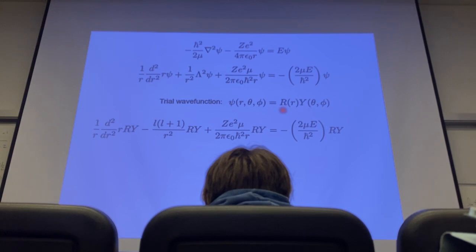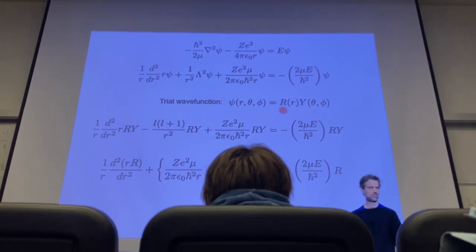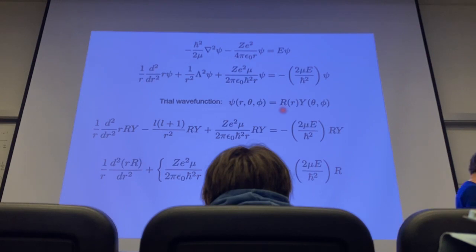Okay? Consequently, I have now an equation that only depends on the radial part of the wave function, which is what I would like to solve. That's the part I would like to solve. So I've done that.